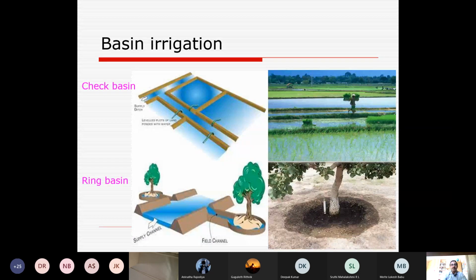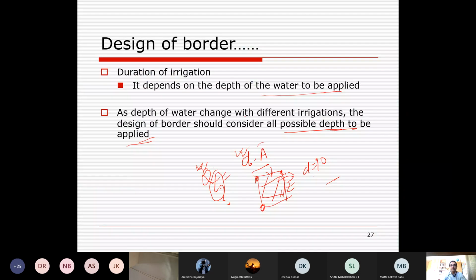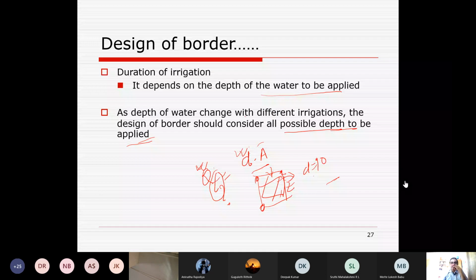Now, any query, students? I think nobody is there. Utkarsh? Utkarsh? Mr. Utkarsh? Look, are you seeing Utkarsh's field photo or not?